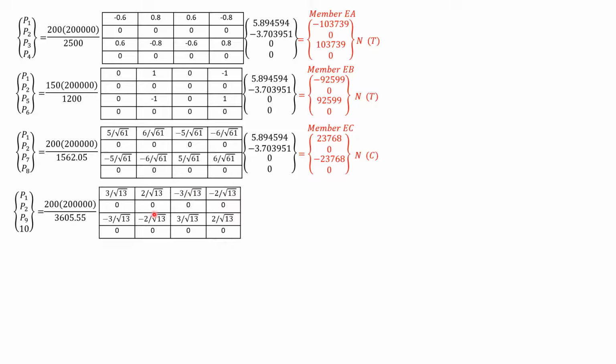Then the third row would be the negative of the first row multiplied by the displacement u1, u2, and 0, 0. Then simplifying, you'll get negative 31,618. So member 4 is also in compression.